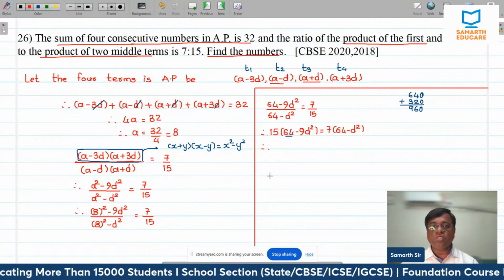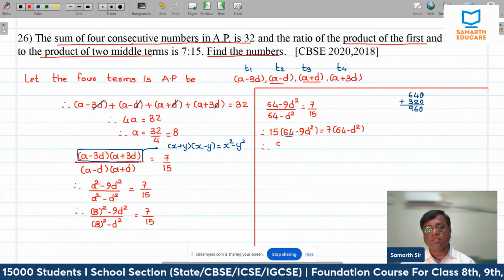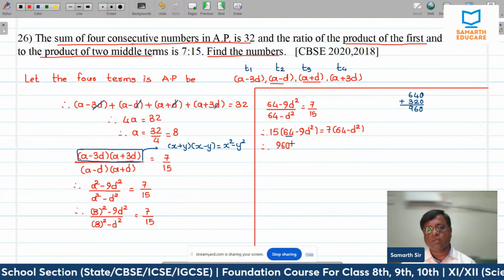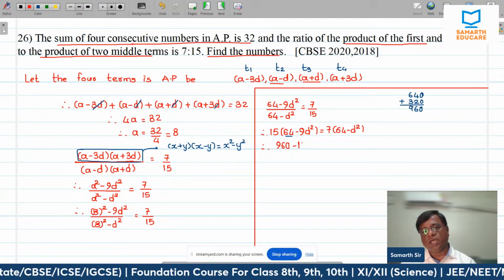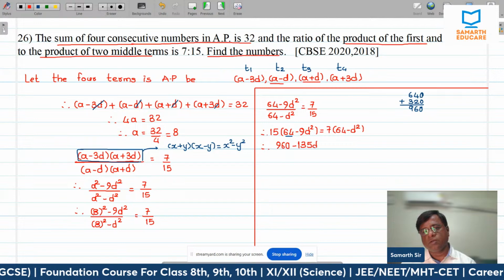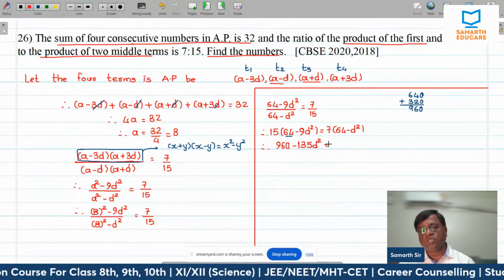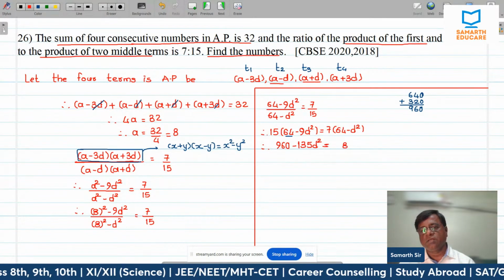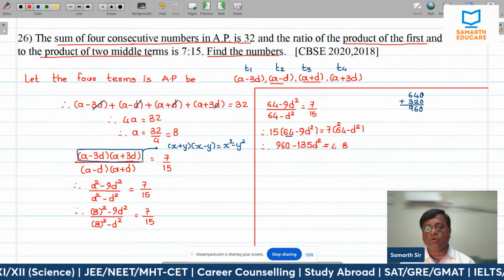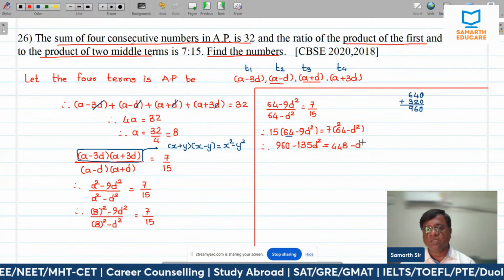So I get 15 into 64 as 960 minus 15 into 9 is 135 d square is 7 into 64. 7 4s are 28. 7 6 are 42 and 2, that is 448 minus 7d square.